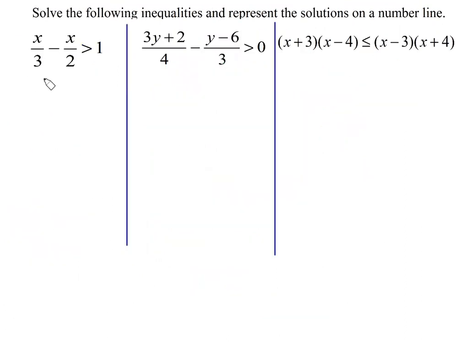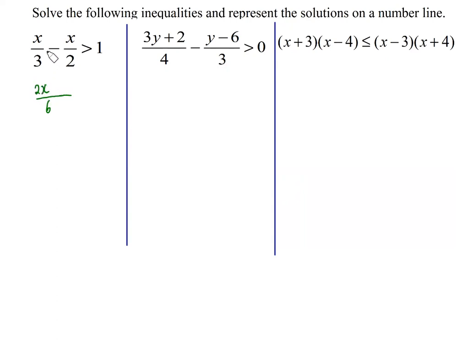Let's look here and see what we're supposed to do. We are supposed to first add these fractions. And when you're adding the fractions, we take the common denominator, which is going to be 6. So 3 into 6, we get 2, and 2 times x, we get 2x.